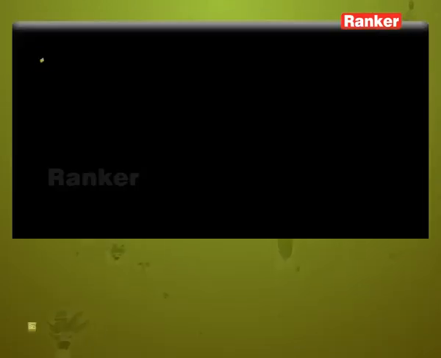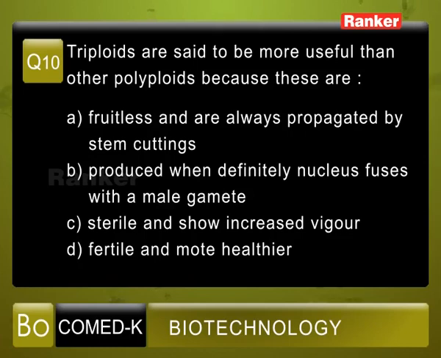Question 10. Triploids are said to be more useful than polyploids because choice A, they are fruitless and are always propagated by stem cuttings. Choice B, they are produced when the definitive nucleus fuses with the male gamete. Third one, they are sterile and show increased vigor. And fourth one, they are fertile and healthier.